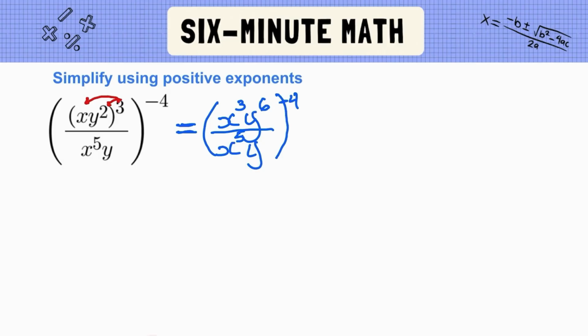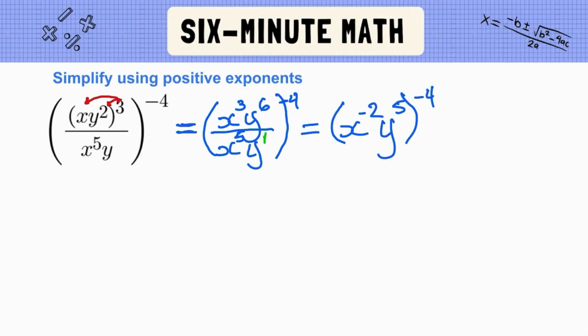I'm now going to use my quotient law inside the brackets. 3 minus 5 is going to be x to the negative 2. And 6 minus 1, there is an invisible 1 here, is going to be y to the 5. All of that is to the power of negative 4.